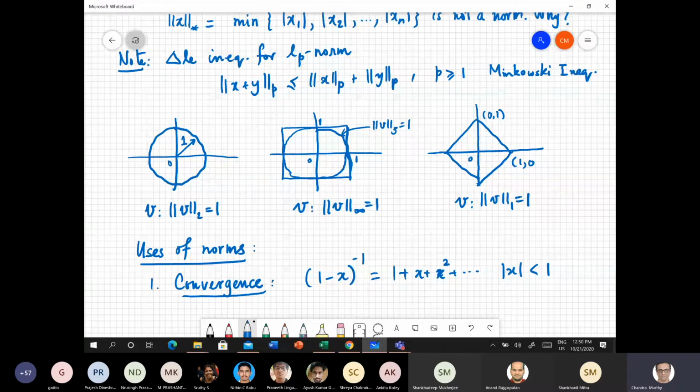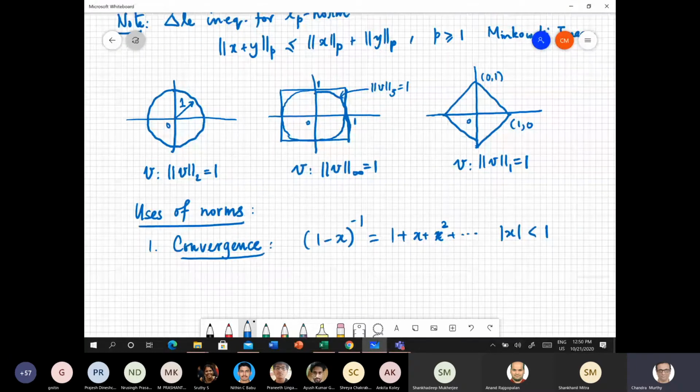So this is true for a scalar, but suppose I wanted to find identity minus a matrix A inverse.